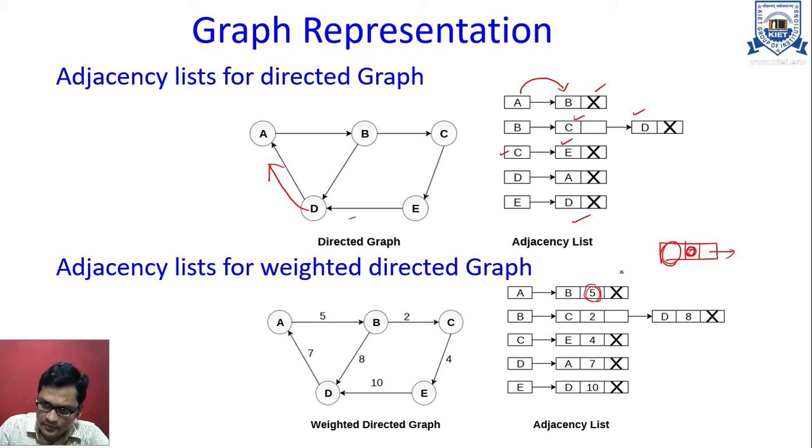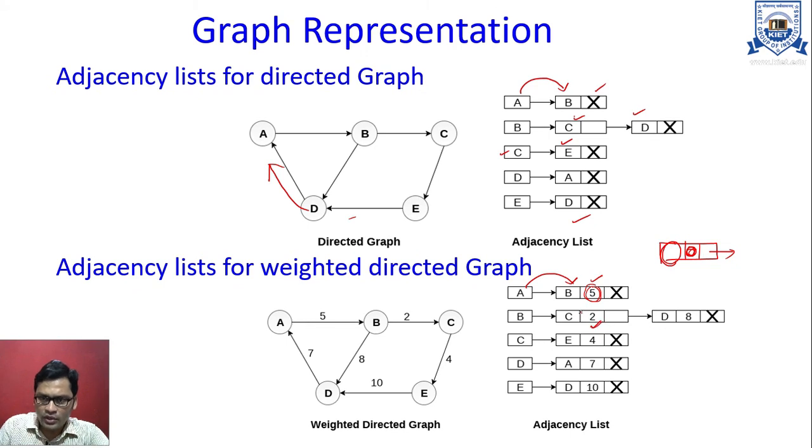Okay, right? From vertex A, how many edges are connected? Only one edge, one vertex is connected, that is B. So A to B is connected, and the weight is 5, and this is a null pointer. What about B? B is connected with D and C. So this is C and D with weights 2 and 8.